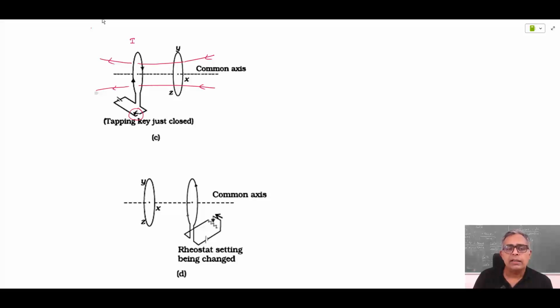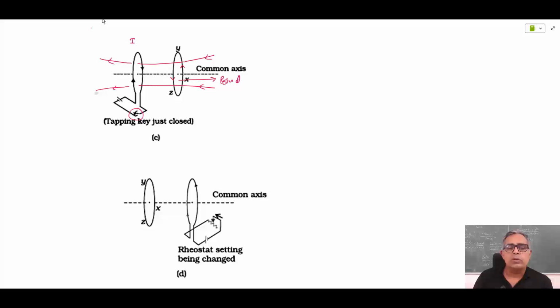So that induced current will create a magnetic field in the direction opposite to that. So we need an induced magnetic field in this direction, and in order to get this induced magnetic field, the direction of the current must be like that.